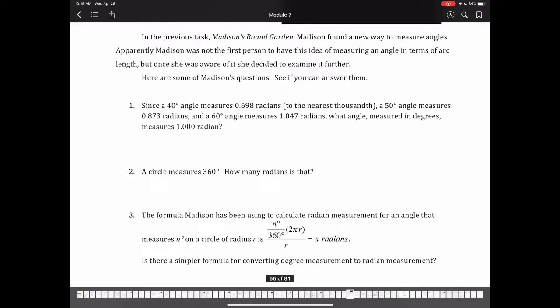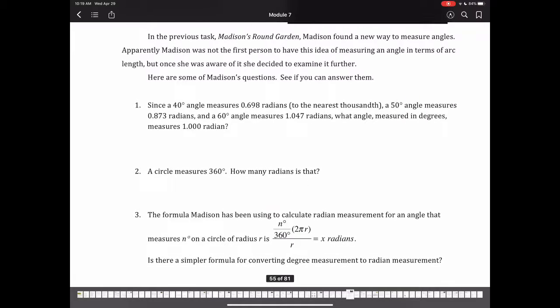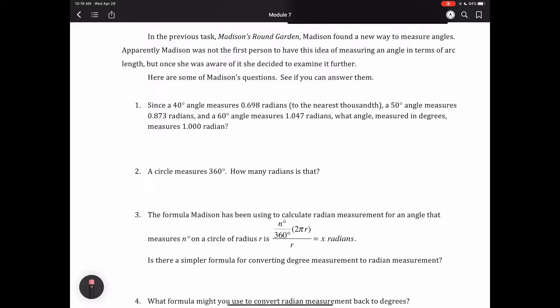So we can see that it will be between 1.047 and 0.873, and we're going to be a lot closer to 1.047, because 1 falls more closely to 1.047 than to 0.873.